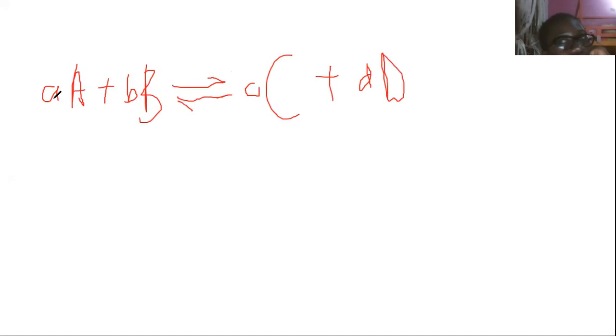The small letters denote the number of moles. That's maybe 2, 3, 1, stuff like that. Now, how do we get the equilibrium constant?